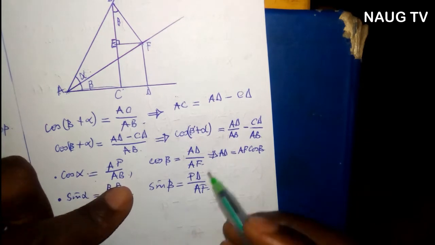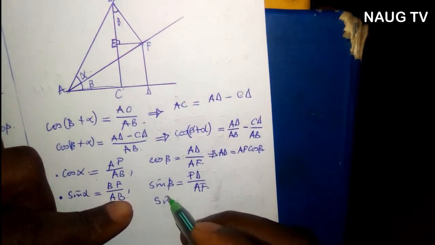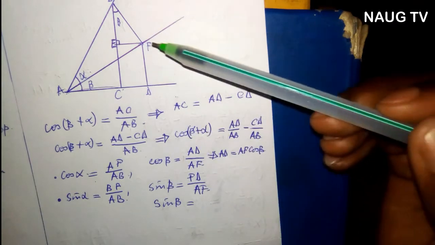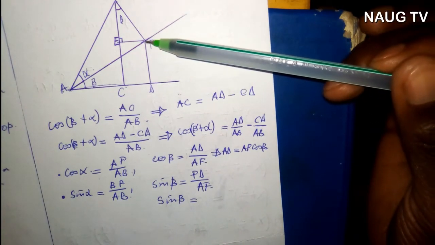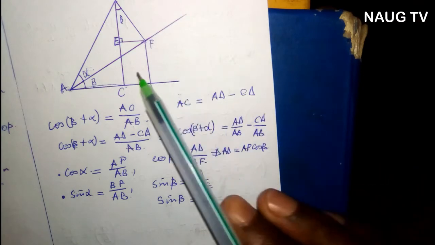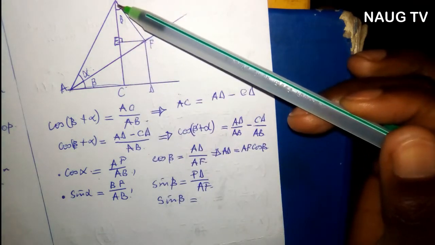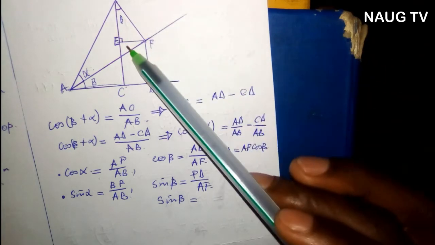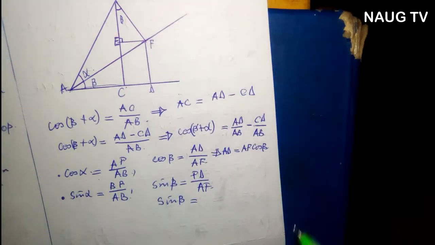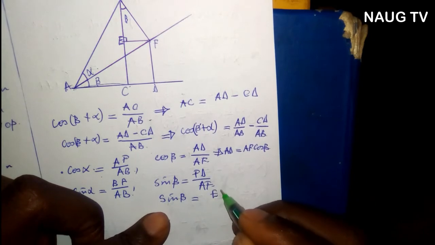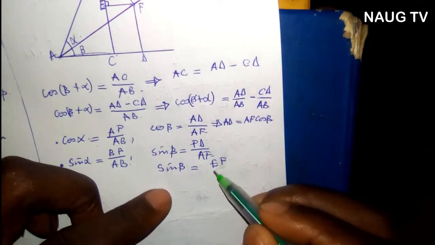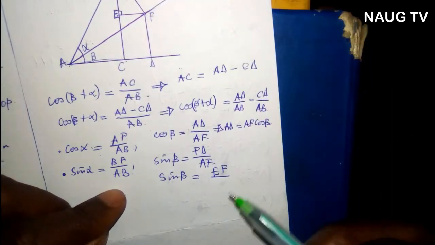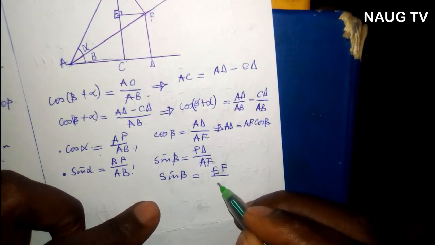As we can see here, also sine beta would be equal to the opposite side of this angle beta here, I think it is EF over BF.